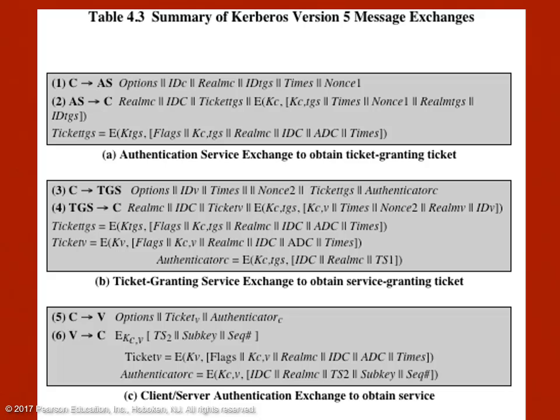This is not necessary in version 5 because the nature of the format of the messages is such that it is not possible for an opponent to create message 6 without knowledge of the appropriate encryption keys. The subkey field, if present, overrides the subkey field, if present, in message 5. The optional sequence number field specifies the starting sequence number to be used by the client.